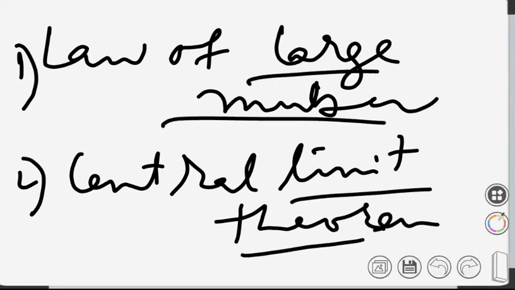Essentially, they say the following things. Please try to understand what I'm saying. I'm not going to state these two laws, but I'll just try to explain what these two laws mean.